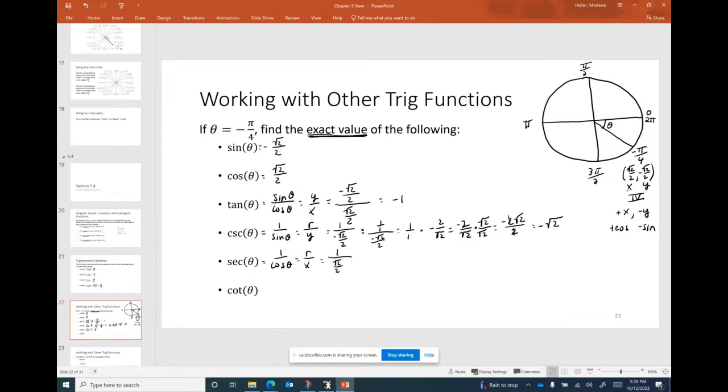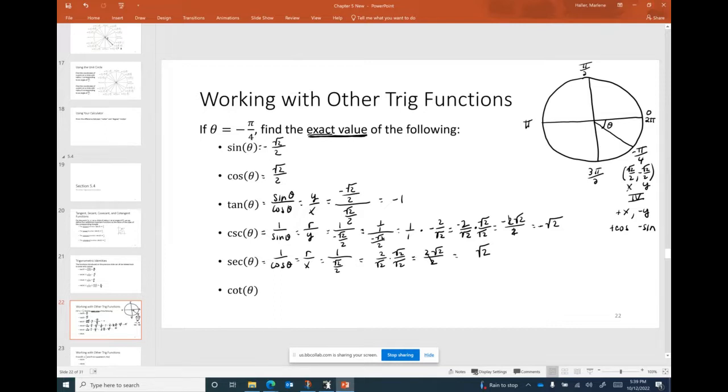Go through this whole process: keep, change, flip, it would be 2 over square root of 2 times square root of 2 over square root of 2. So we would get 2 square roots of 2 over 2 and divide it out. Final answer here would be, oops, not negative, positive square root of 2.